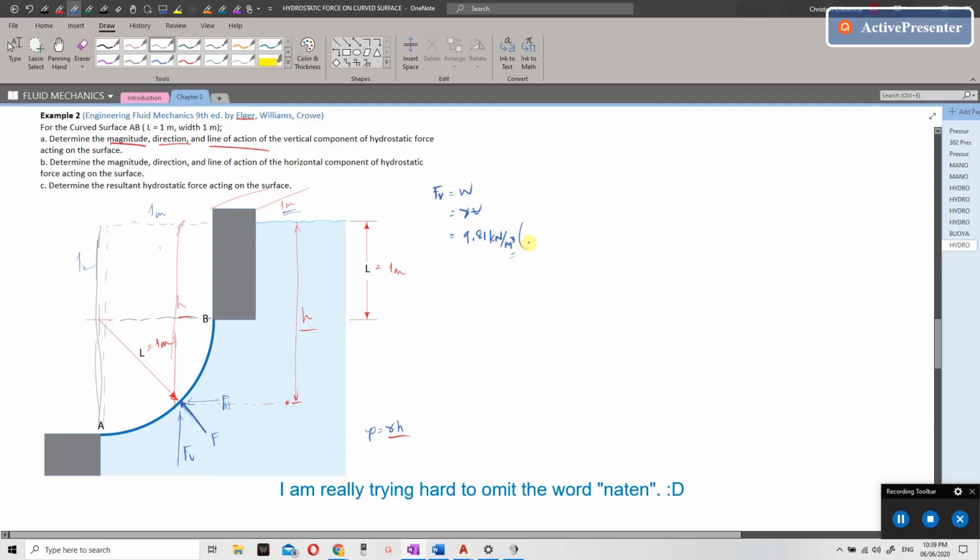So for our volume, let's take the areas first. Let's say this is area 1 and this is area 2. Area 1 is equal to 1 meter by 1 meter, plus the area of this quarter of a circle.